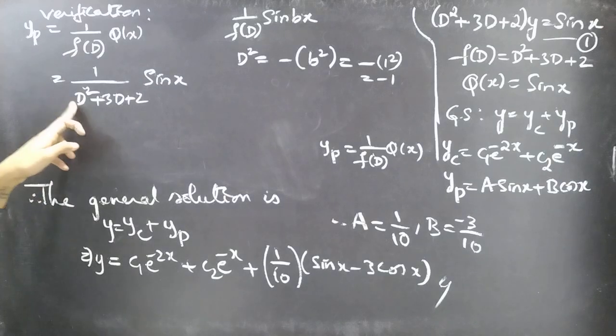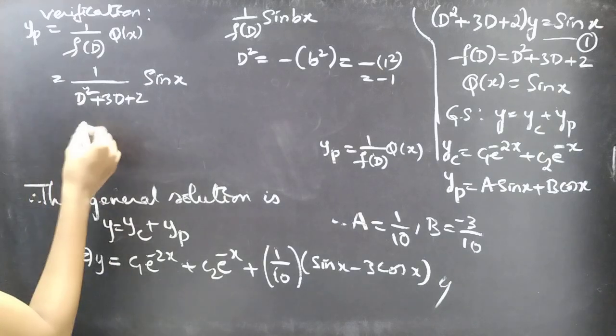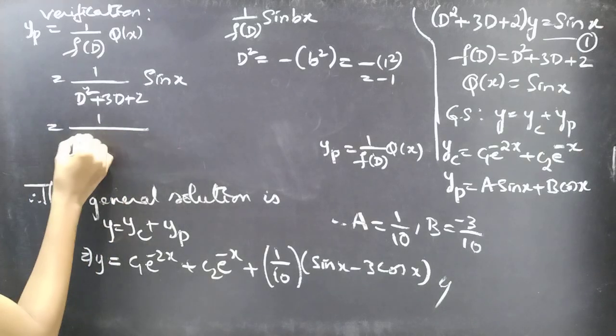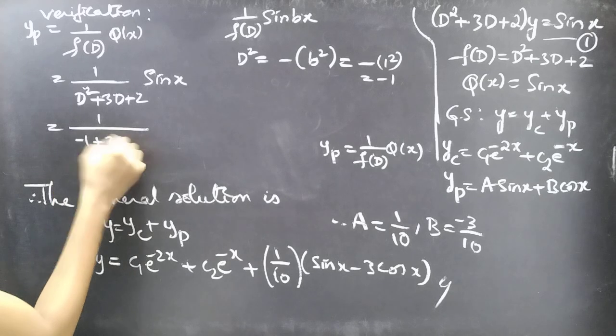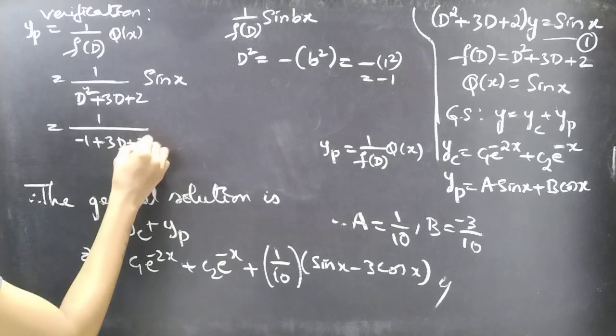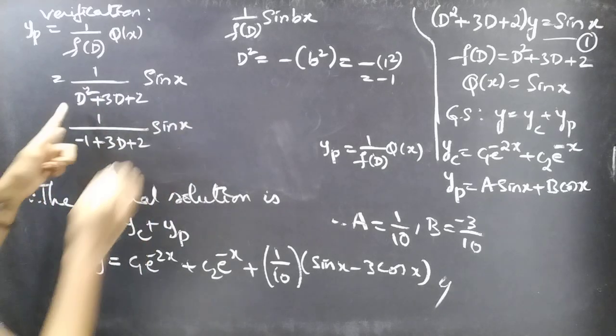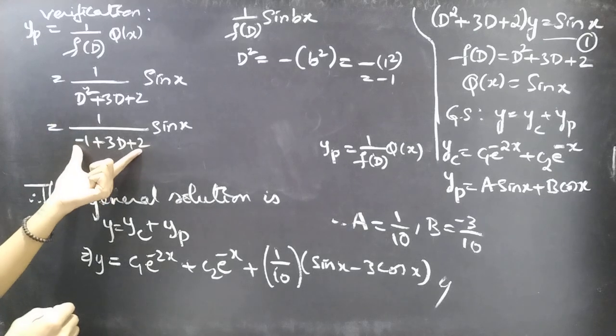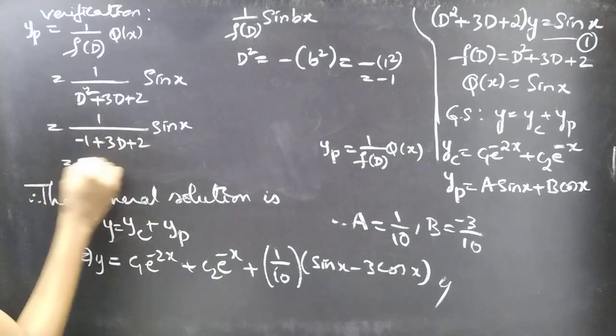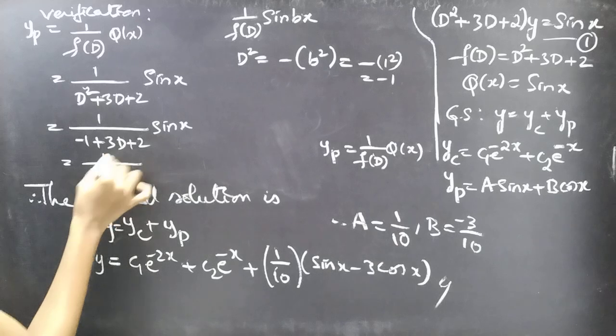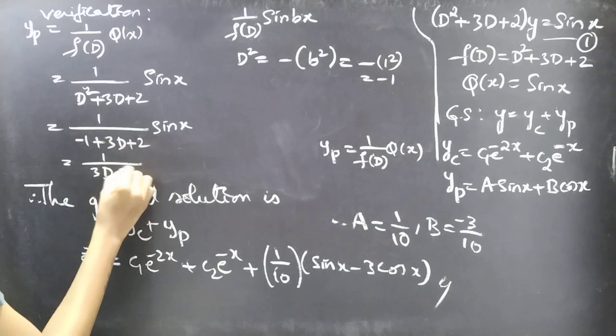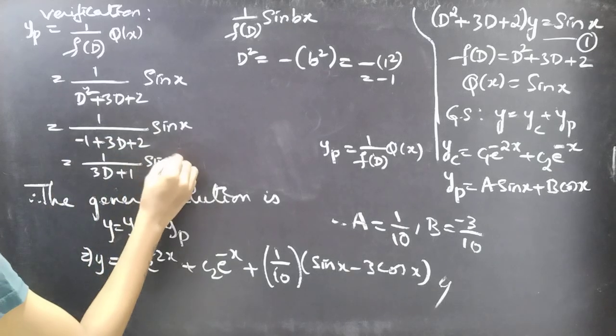If you substitute d square by minus 1, you'll get the non-zero term in the denominator. Just replace d square by minus 1, okay? By replacing d square by minus 1, the denominator is non-zero. You'll get 3d plus 2 minus 1 is plus 1 into sin x.